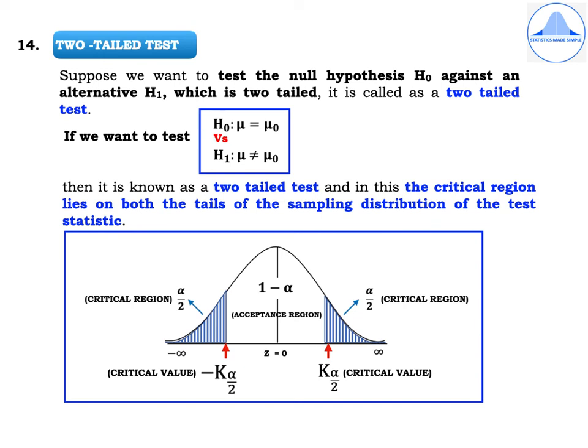Here the critical value on the right tail is denoted by k alpha by 2, and the critical value on the left tail is denoted by minus k alpha by 2. Please remember the critical values carefully. For a right-tailed test, it is denoted by k alpha. For a left-tailed test, it is denoted by minus k alpha. And for a two-tailed test, you will have two critical values, that is k alpha by 2 and minus k alpha by 2.